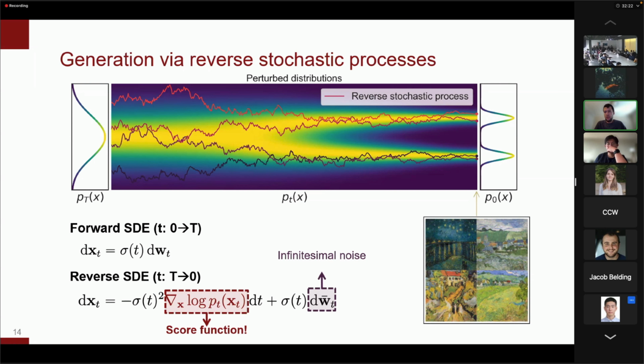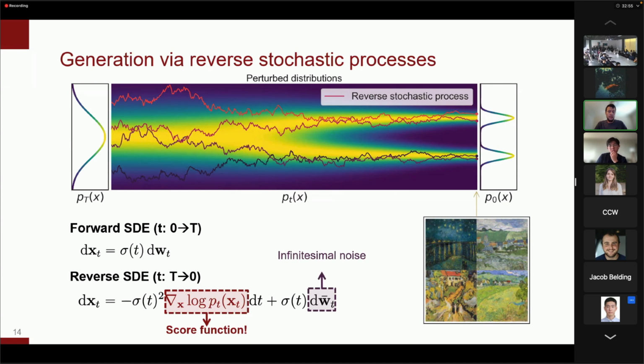It turns out you can actually convert it to an ordinary differential equation that satisfies the same marginals. My question is, if it were stochastic noise, based on a random process, you would not be able to reverse it. Good question. This defines the same process in the sense that it has the same marginals, which is all we care about. Okay. Thank you.